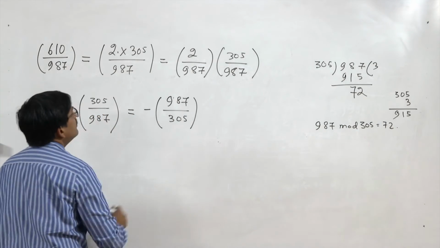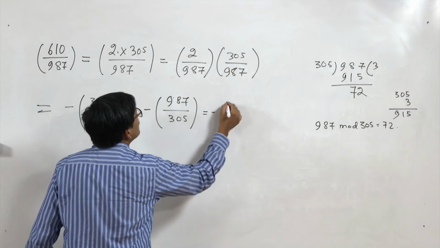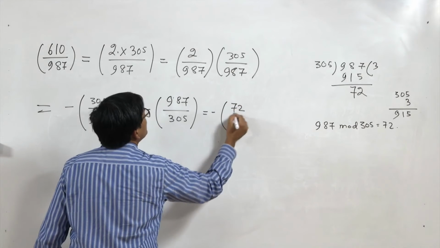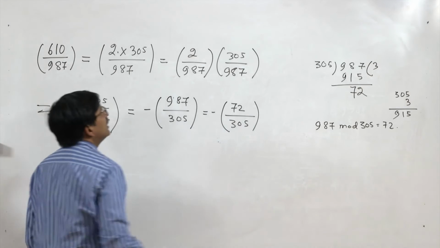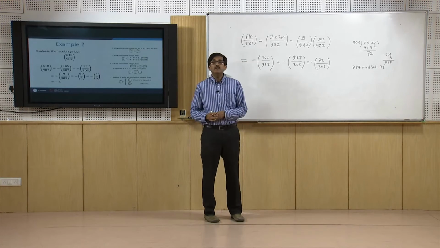So, it is 72. So, we will write 72 by 305, and now let us consider 72.